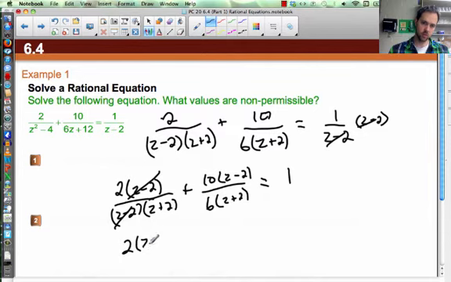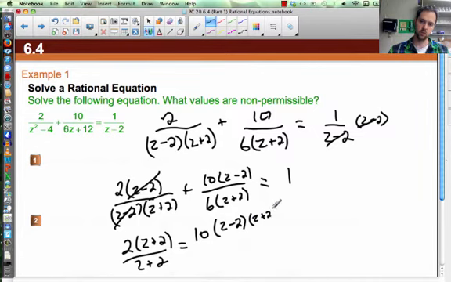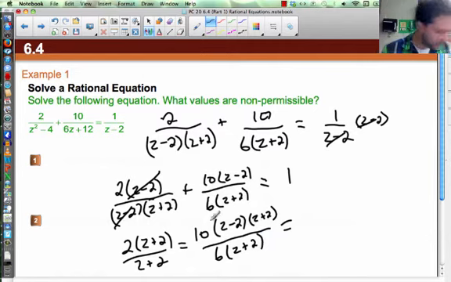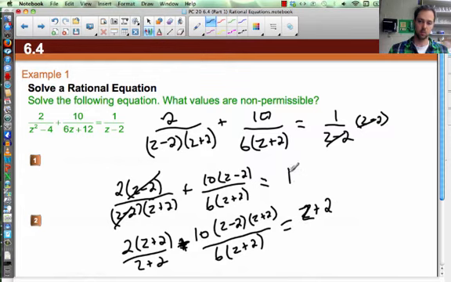So 2 times z plus 2 over z plus 2 plus 10 times z minus 2, because this is still here, times z plus 2 over 6 times z plus 2 equals, excuse me, and sorry, this was supposed to be a plus, not an equals, and we just multiplied everything by z plus 2, so on this side we get 1 times z plus 2.